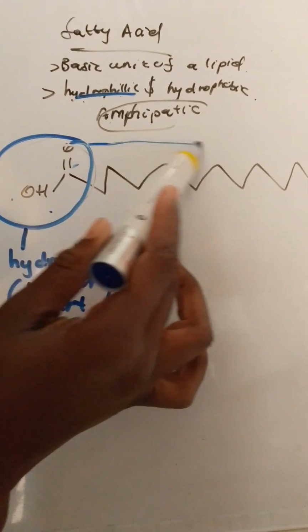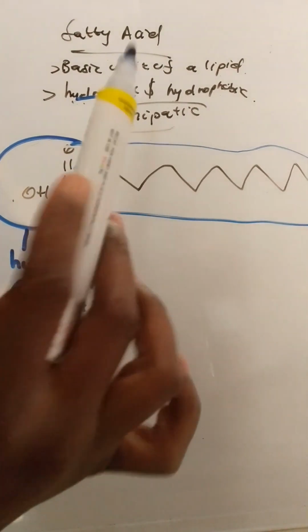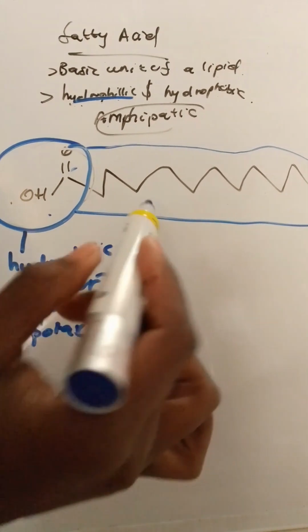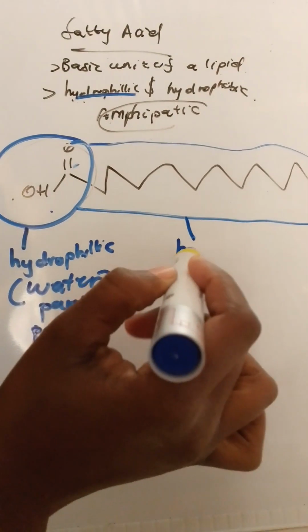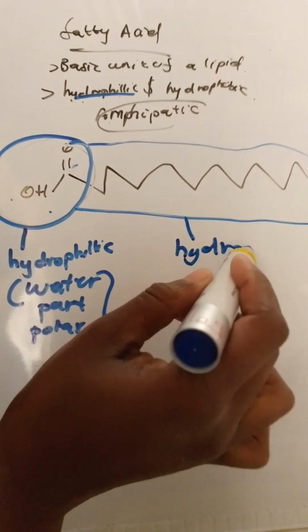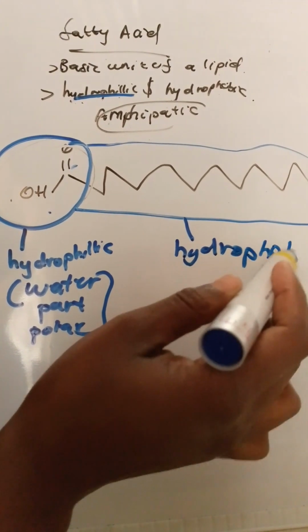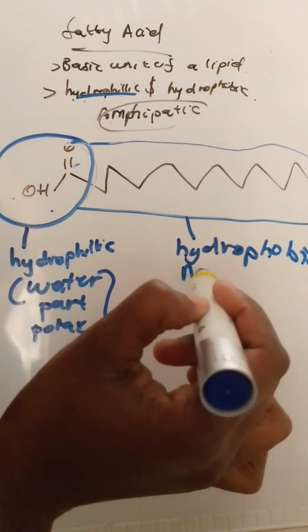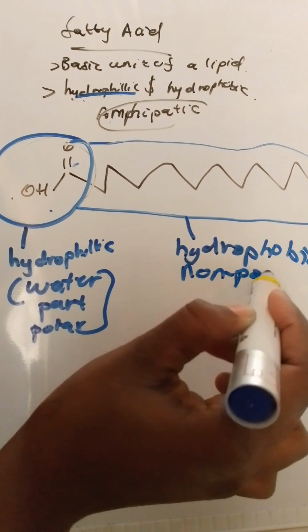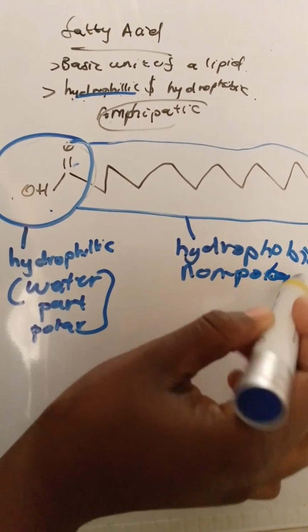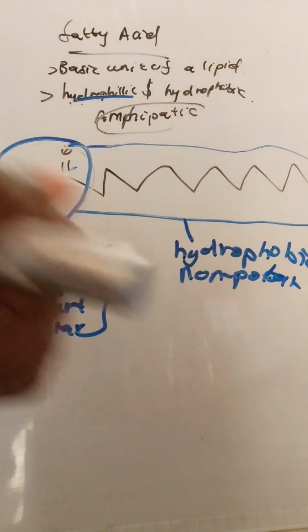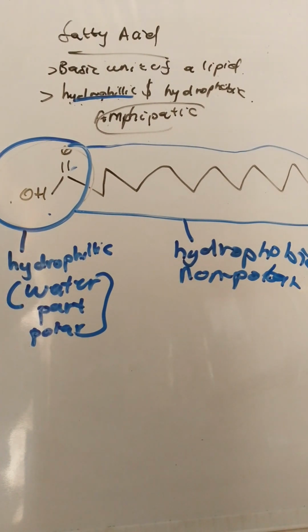Then the rest of the chain, the hydrocarbon chain, is the hydrophobic part. This is the non-polar part, the one that does not mix well with water.